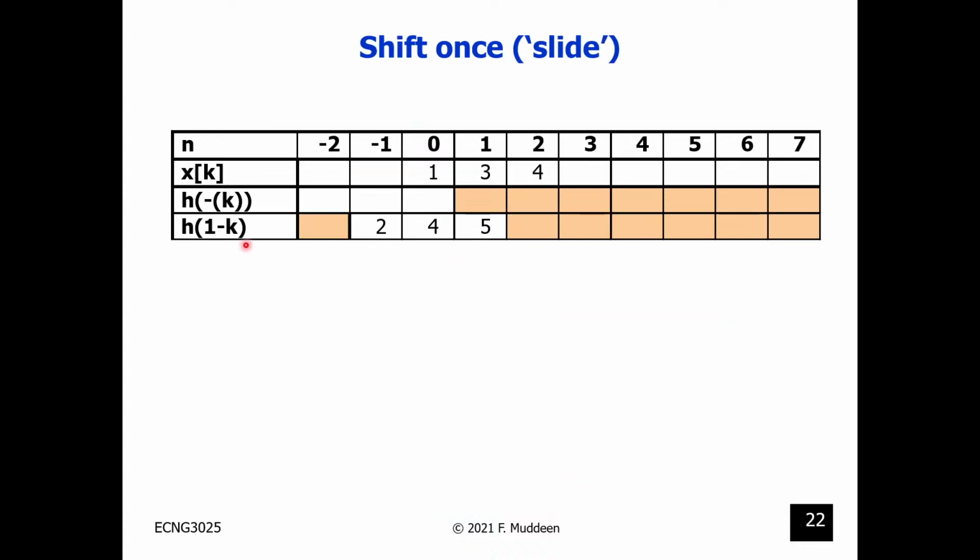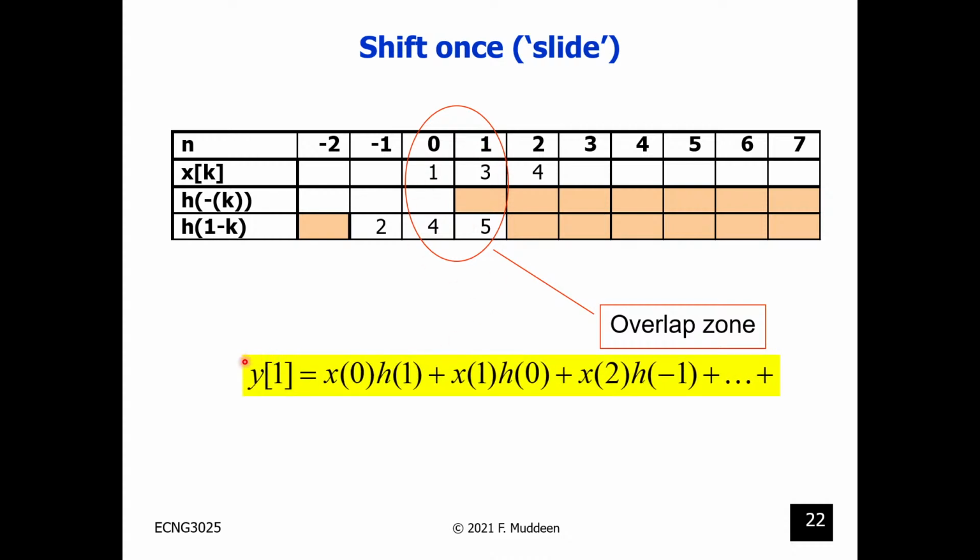If we shift the h of n minus k signal by 1, so instead of h of 0 minus k, it's now going to be h of 1 minus k. We take that 2, 4, 5 that existed here and just shift it to the right by 1. And if we evaluate the overlap zone here, it's just going to be the evaluation for y of 1, if we look back at our equations that we formulated.